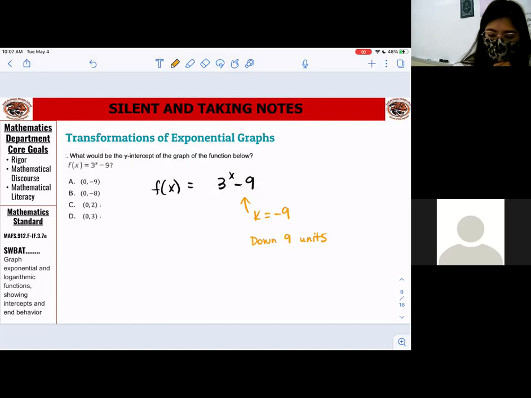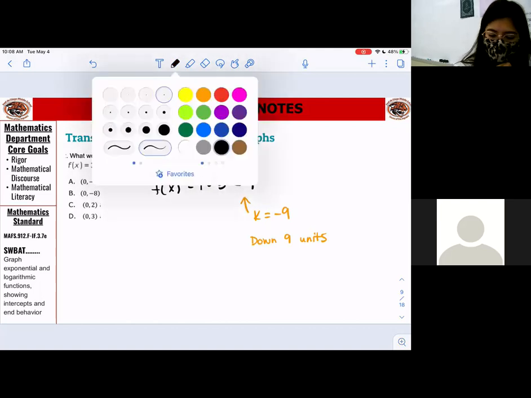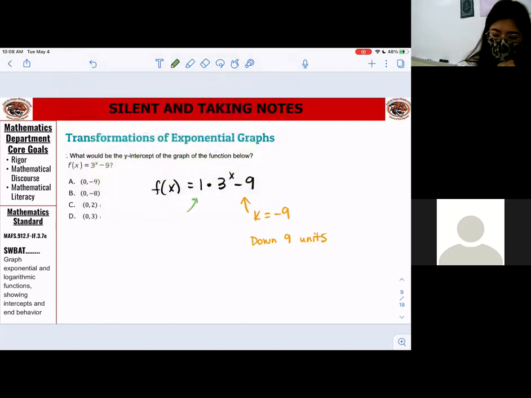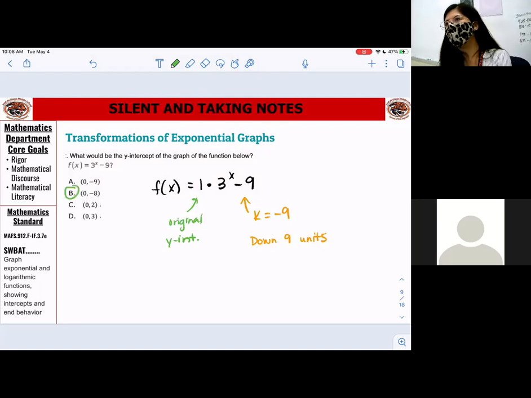Yeah, it's invisible, but it's there. This is 1 times 3 to the power of x. So the original y-intercept is 1. So I'm going down 9 units from 1. So where do I end up? -8. There you go. 1 minus 9 is -8.